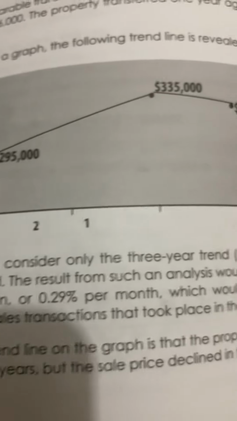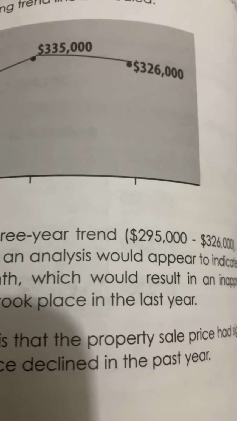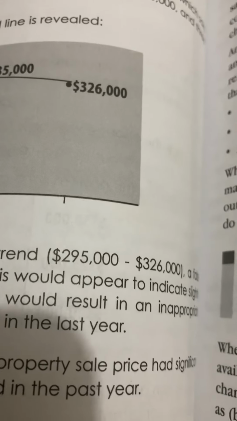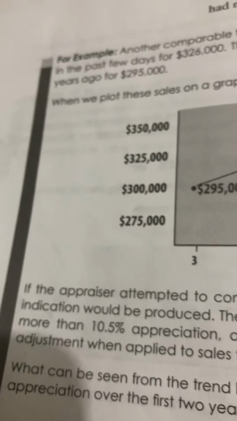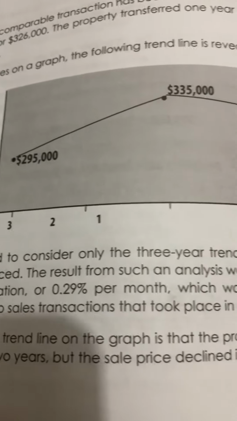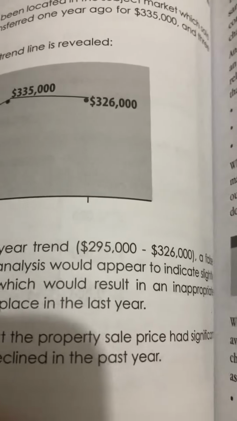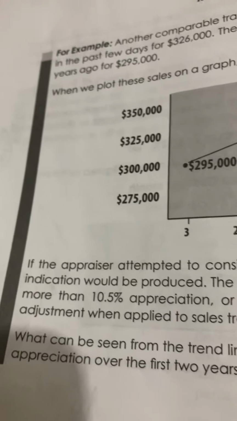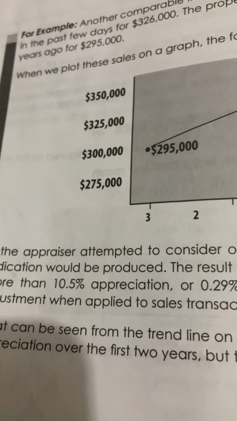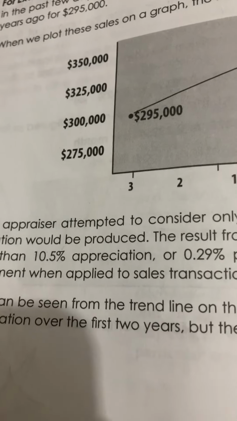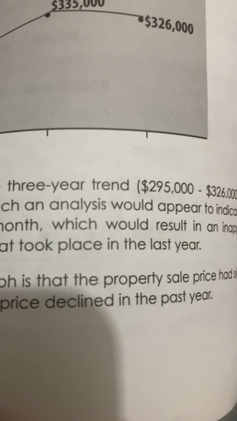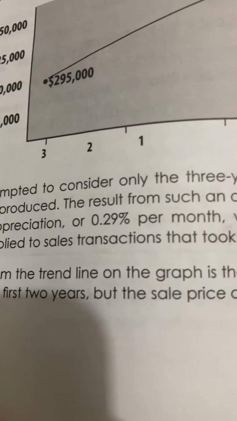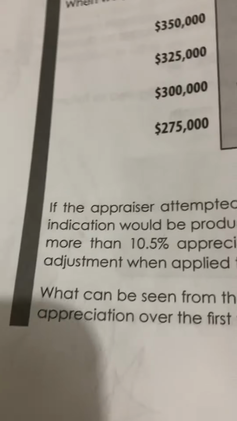If the appraiser attempted to consider only the 3-year trend, $295,000 minus $326,000, a false indication would be produced. The result from such an analysis would appear to indicate slightly more than 10.5% appreciation, or 0.29% per month, which would result in an inappropriate adjustment when applied to sales transactions that took place in the last year.